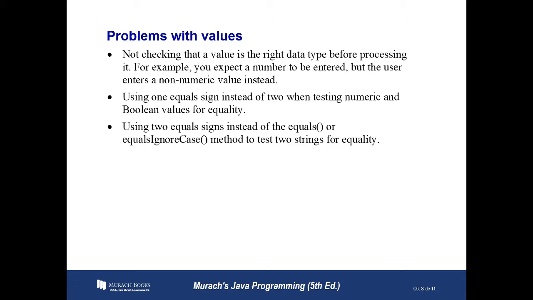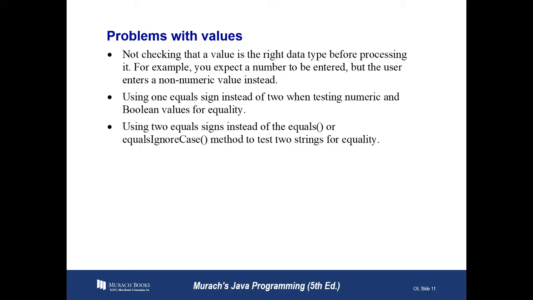Whenever we're running our code, we can have problems in interpreting how things are executing. Maybe we didn't check to make sure that a value is actually a double before we try to read it into a double variable. So that can cause us a runtime error.